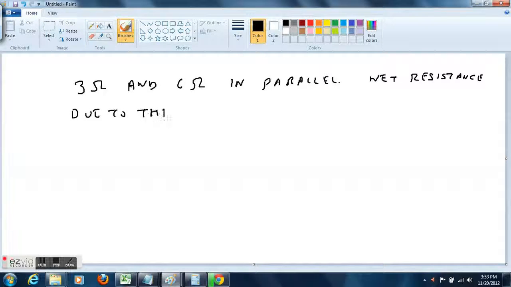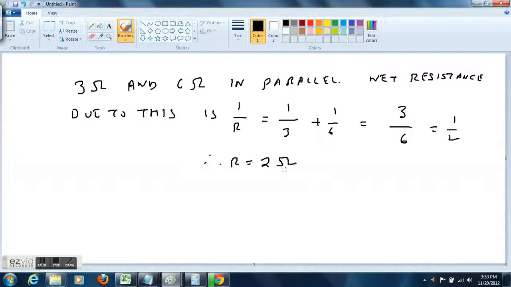We can do it using this formula, 1 by R equal to 1 by 3 plus 1 by 6, which is 3 by 6, which is 1 by 2. Therefore net resistance is 2 ohms.